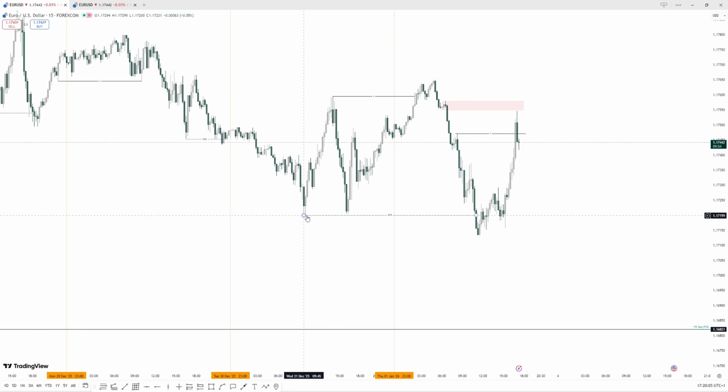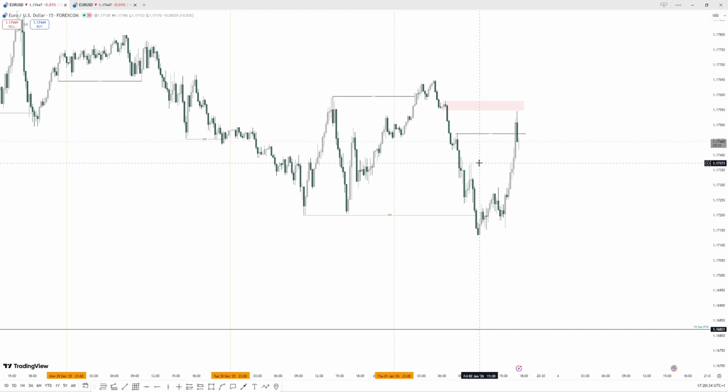So this low is still lower than this one. That is why this leg is still within this leg, so we are not considering this. The break of structure is from this very lower low here. So now, what is actually responsible for this break of structure to the downside?